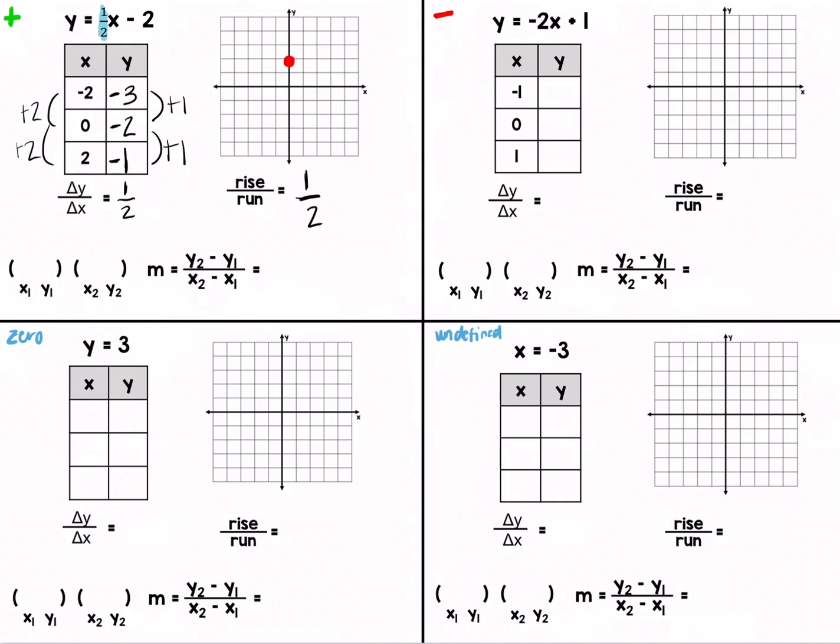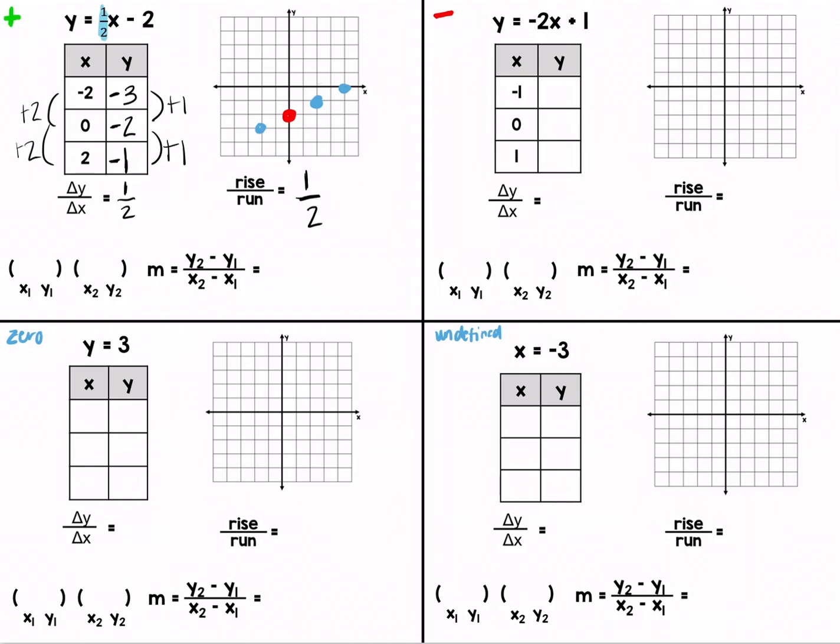Oh, excuse me, my y-intercept is -2, not +2. Oops, my bad. Okay, so up 1 over 2. Up 1 over 2. Or I can go down 1 to the left 2. And when I draw my line, there's my linear equation, and that's my slope.